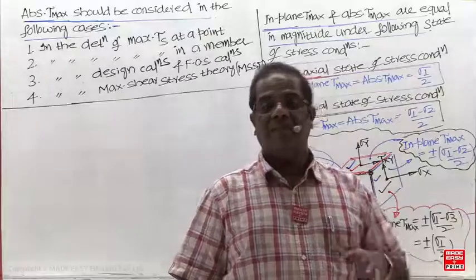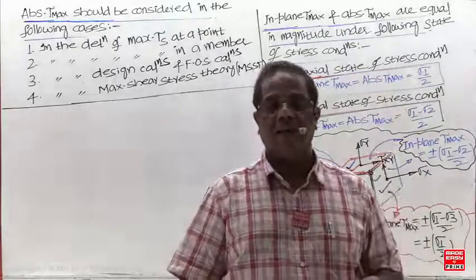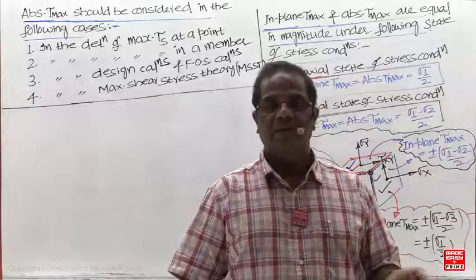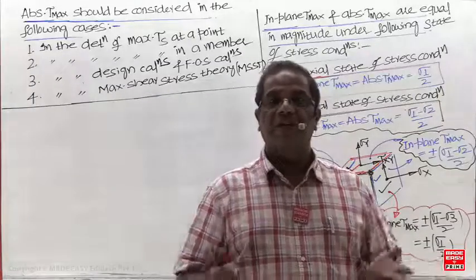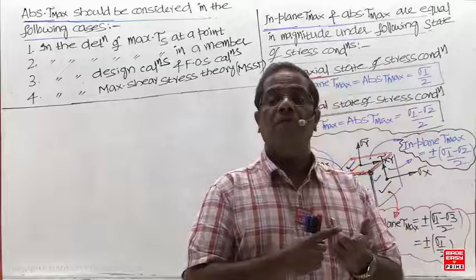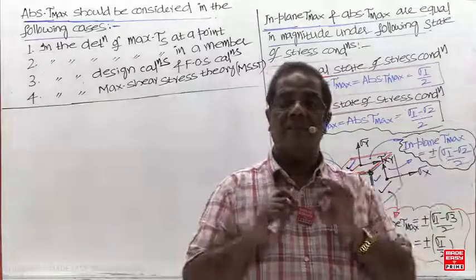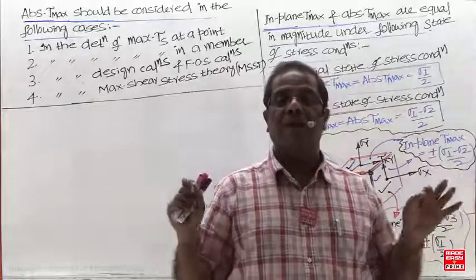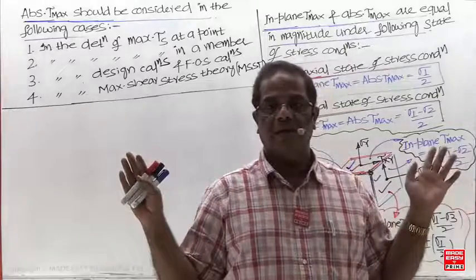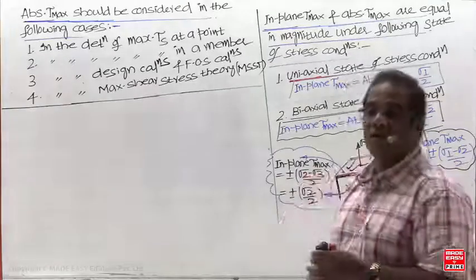In a biaxial state of stress, principal stresses are 130. Determine maximum shear stress. If nothing is mentioned, whether at a point or member or design calculations, then you have to go for in-plane. If nothing is mentioned, simply asked to calculate the maximum shear stress, then you have to go for in-plane tau max.